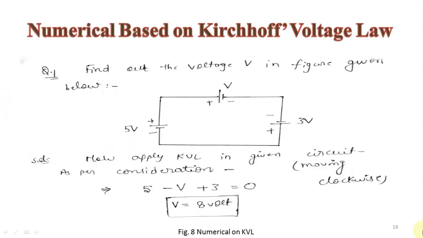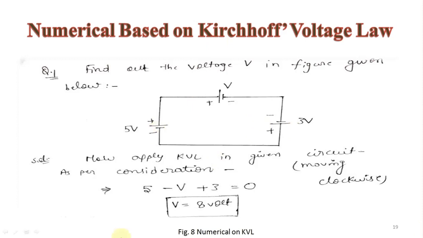Okay, so now we perform some numerical problems related to Kirchhoff's voltage law. How to find the voltage using Kirchhoff's voltage law. We have this circuit, and how do we apply KVL to this circuit?